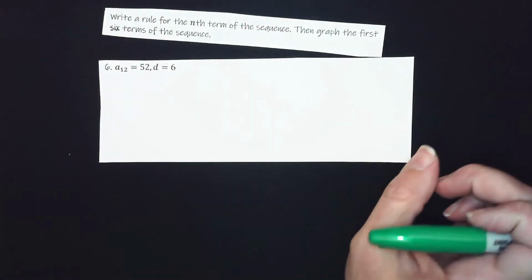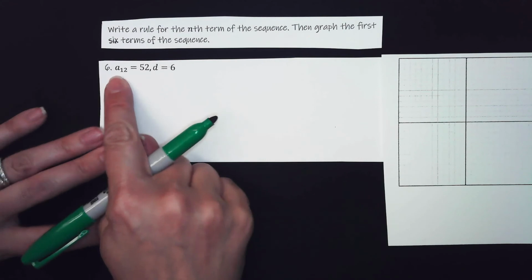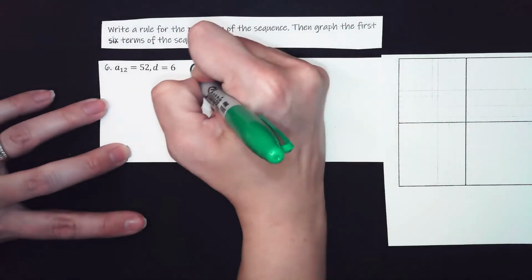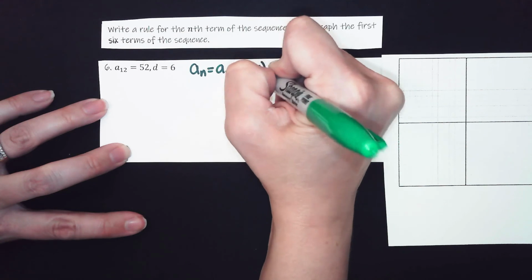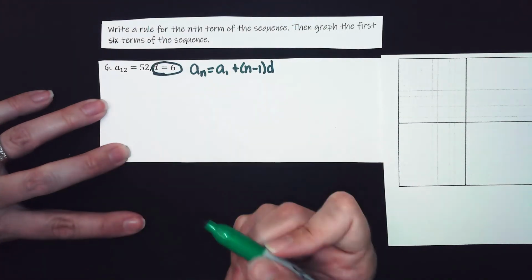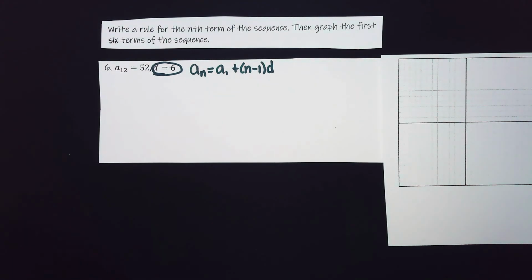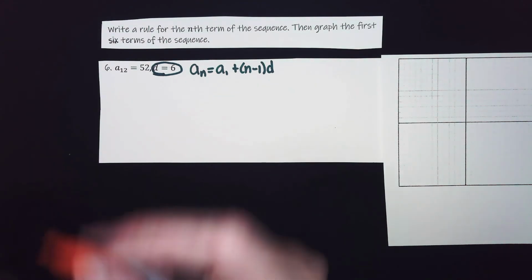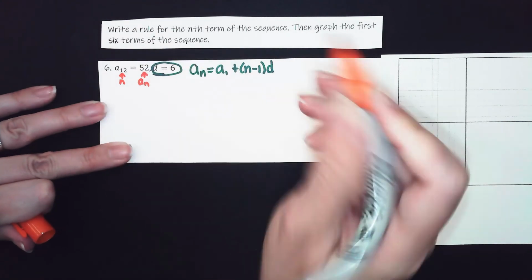All right, let's give it a try on number 6. Again, I don't want to forget to graph, so I'm going to leave a blank graph over there. I'm going to use the rule AN equals A1 plus N minus 1 times D. I already know D, but I need to find A1, so I'm going to use this to help me do that. Remember, this will be N, this will be AN.